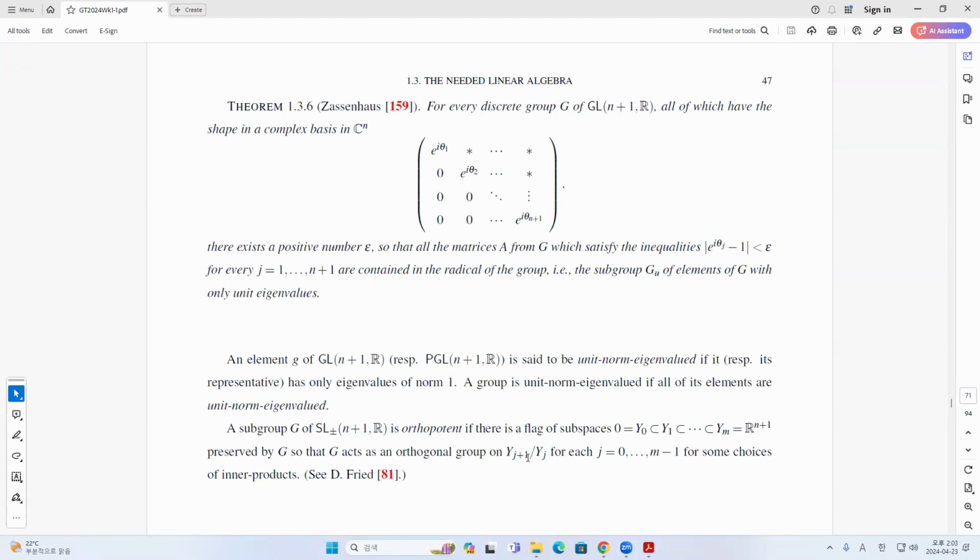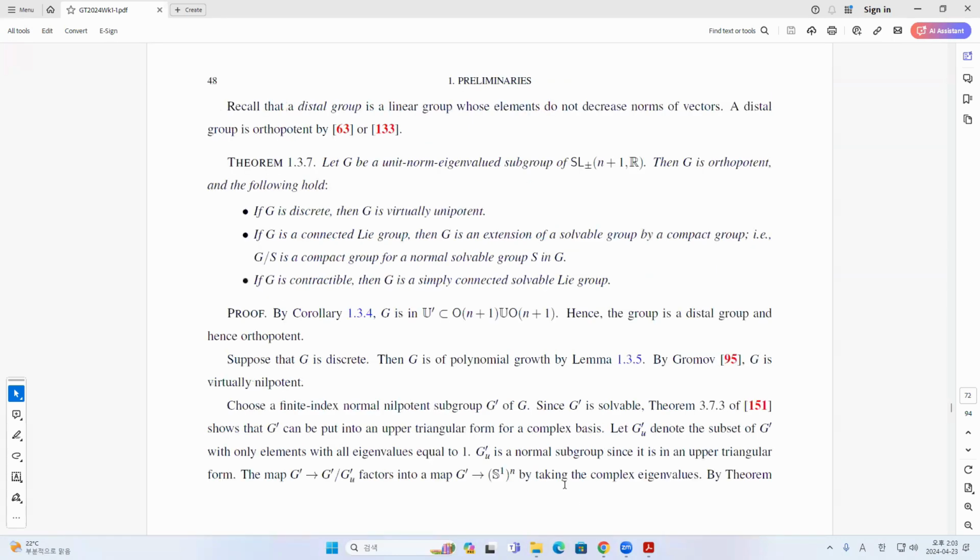Then it acts orthogonally and is called orthopotent. The distal group is a linear group which does not decrease the norm of vectors, so if you multiply, the length is always increasing, not decreasing. Of course, an isometry group is one which preserves the norm, so it is an example of a distal group.